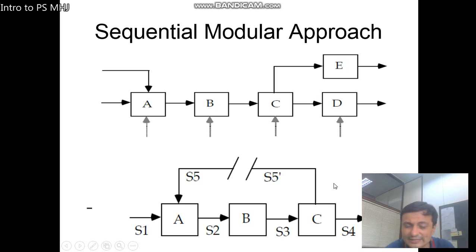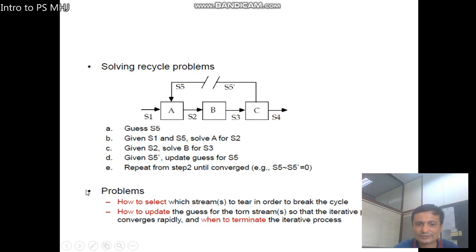So how do you do that? It keeps on doing it until they converge, and ultimately there are three main things that come up. First, which stream is to be torn? As I told you in the previous video, it is not necessarily the recycle stream, it can be any stream within the loop. There are ways to determine that. Second, how do you update this? Which method do you use to update S5 every time?